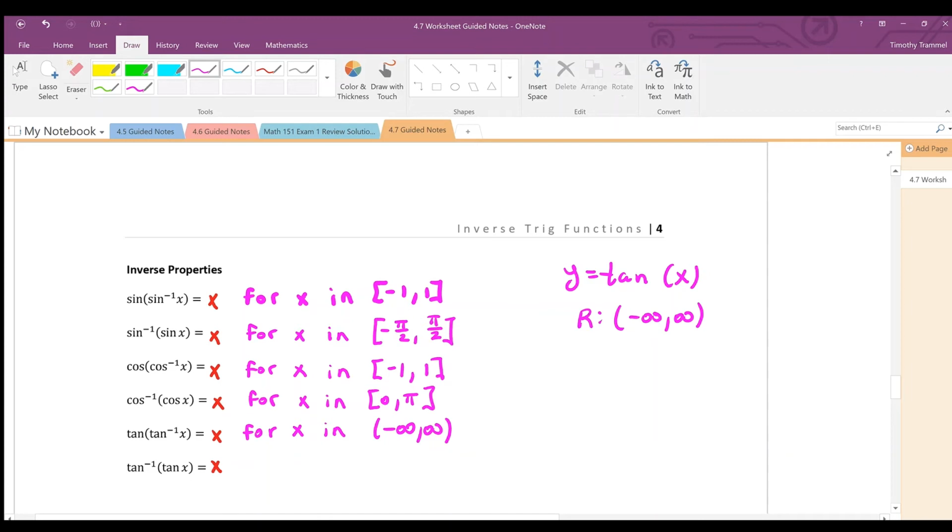And then tangent inverse can take in those numbers. That's the domain of tangent inverse. But the problem is that tangent inverse will only output angles that are between minus pi over 2 and pi over 2. So this is only true for x values that are between minus pi over 2 and pi over 2. All right, now let's go and do some examples and see why this is happening.